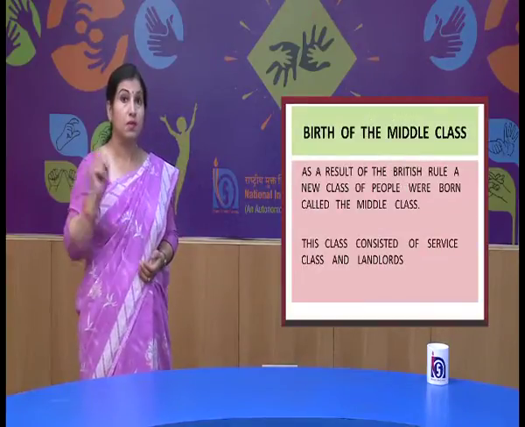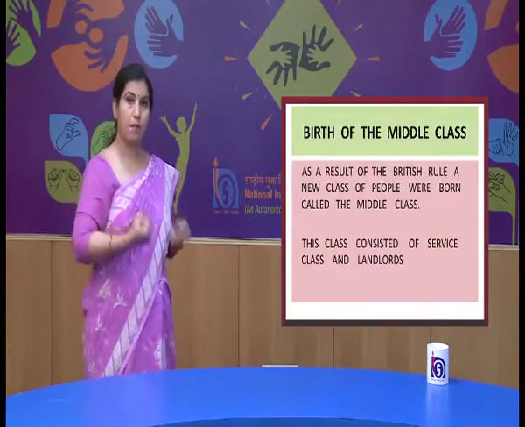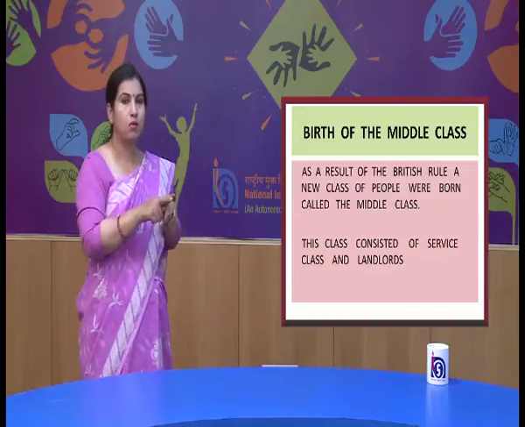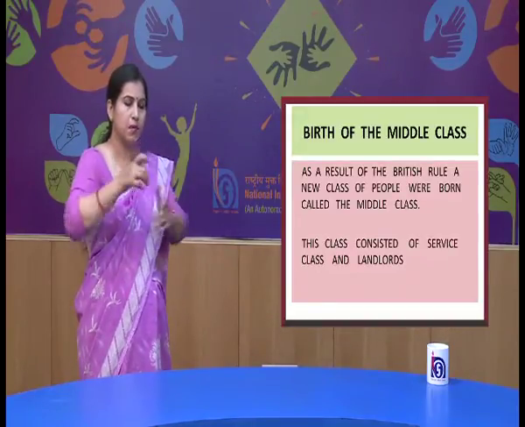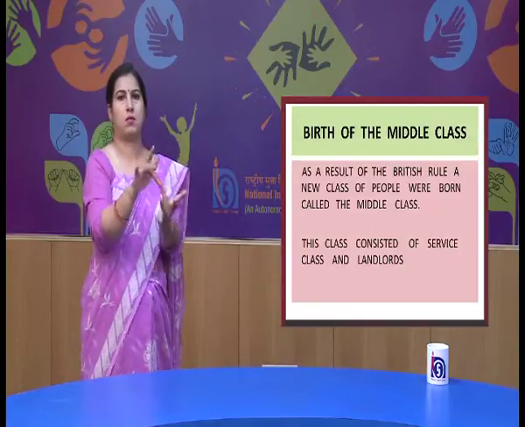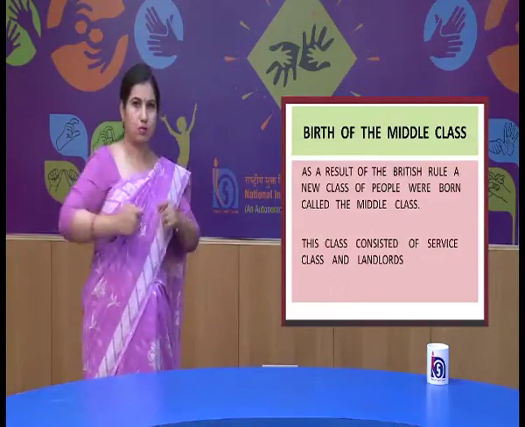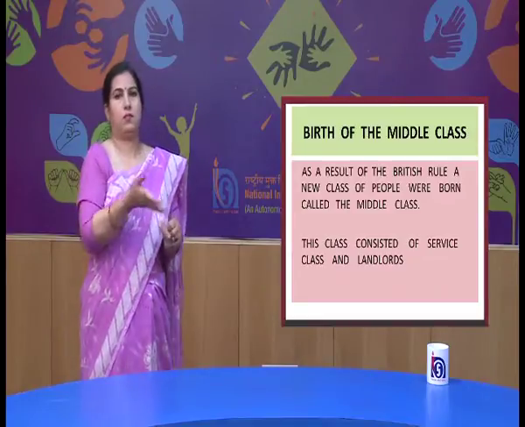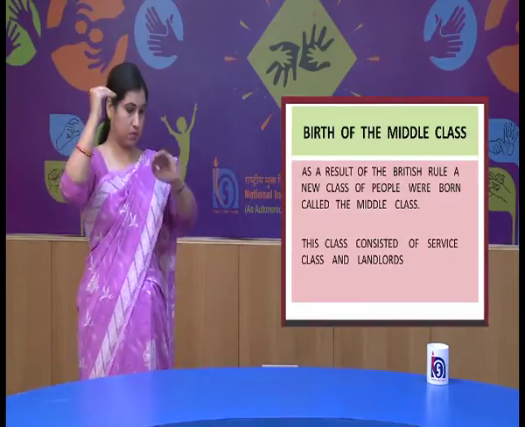The British power in India gave birth to a new class of people called the middle class. This new class consisted of people who were between the upper and the lower class of society.